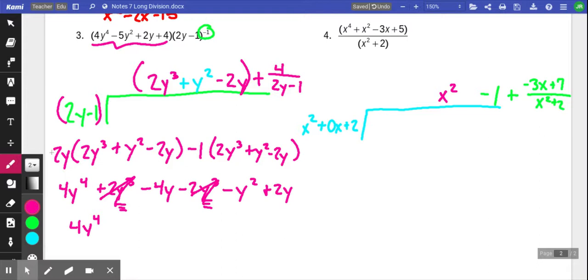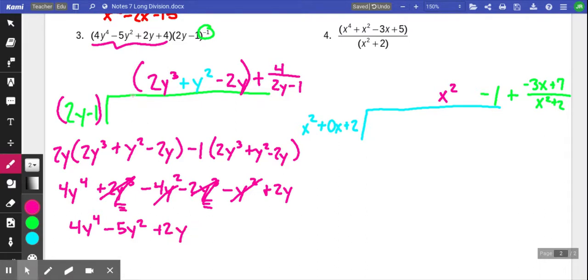What I should have gotten here when I multiplied 2 times negative 2 would have been negative 4y squared. Okay, so negative 4y squared minus y squared, that's going to give me negative 5y squared. And then I still have this positive 2y.